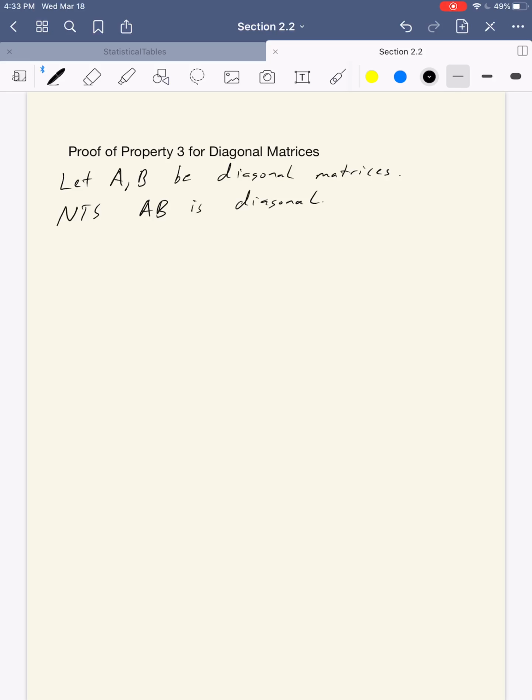Now let's think about what it means to be diagonal. If you recall the definition of a diagonal matrix, we need to show that every element is 0 if you are off that diagonal. So we need to show that if i is not equal to j, then the element of AB is equal to 0. So let's go ahead and prove that.